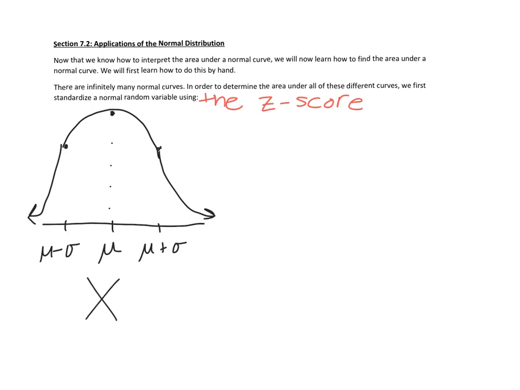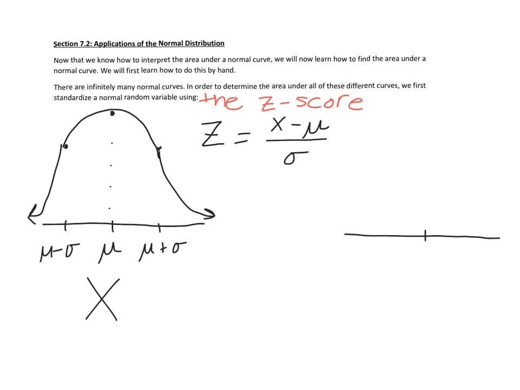What we're going to do is use our z-score. Our z-score takes any value on this distribution and standardizes it by subtracting the mean and dividing by the standard deviation. Then we have our standard normal curve.